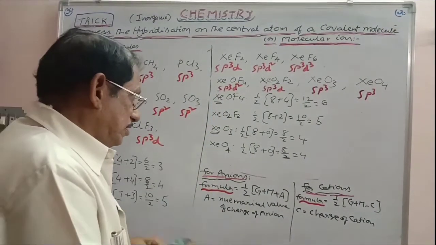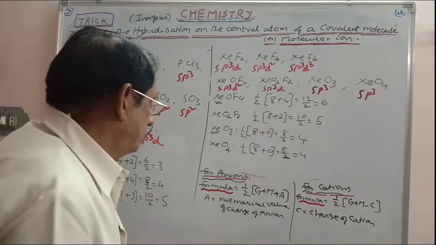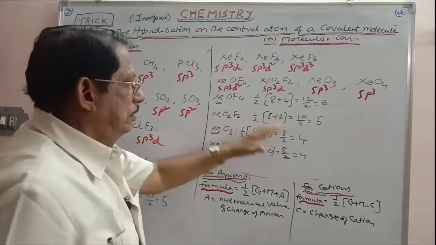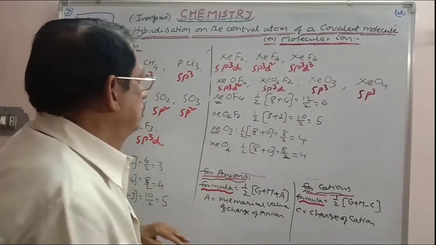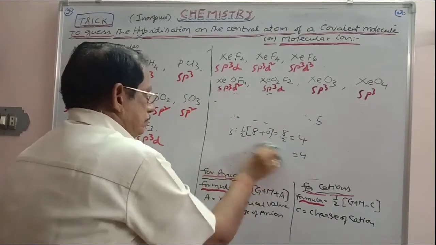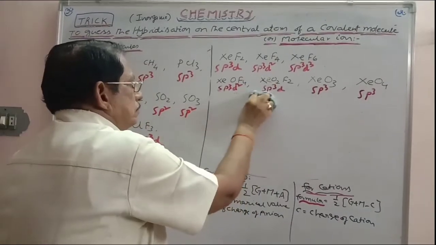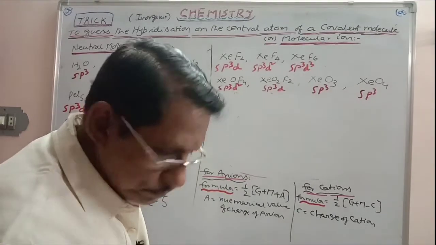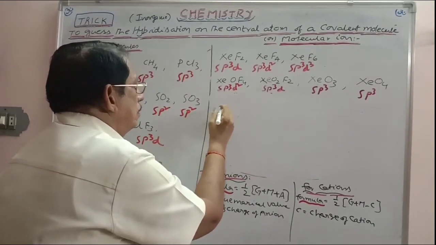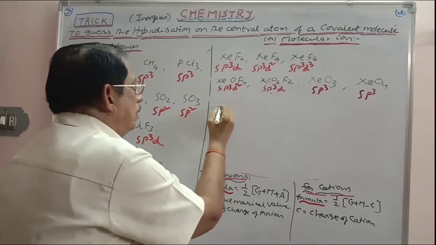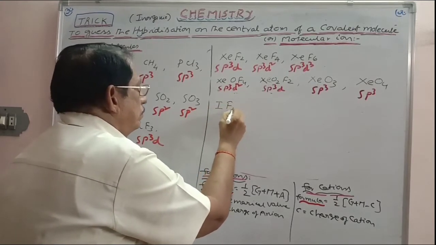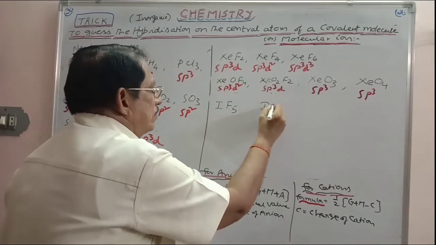Two more examples I am considering. Please note it quickly. How to guess the hybridization. Two more important examples I am giving you. ClF3, IF5, IF7.